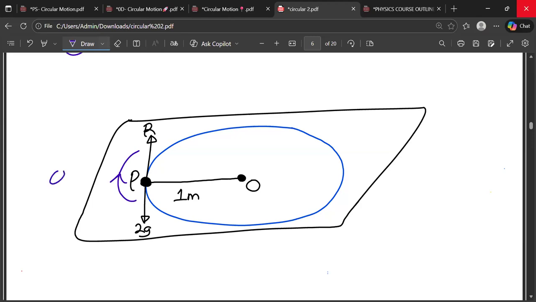So you come and show angular velocity. They said it is 5 rad per second. So just come here and be like, this one is 5 rad per second, like that. Then you start calculating. So that is the sketch.